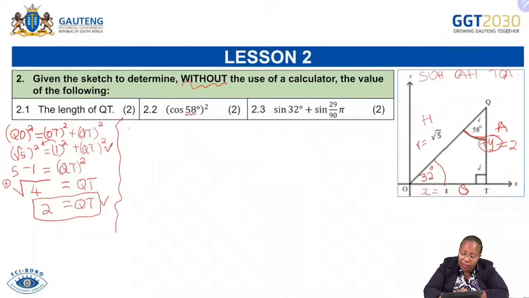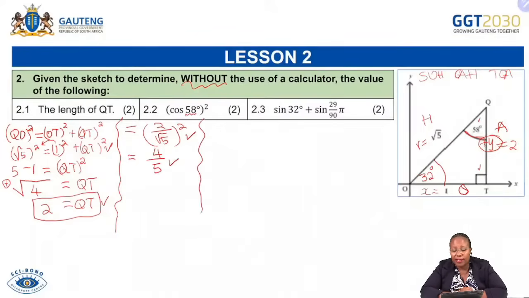That means now in this case, the adjacent is 2 over hypotenuse, which is square root 5. Remember, this ratio is squared. Then now it will be 2 squared equal to 4. The square root of 5 squared will just be a 5. That means it's 1 mark for substituting and 1 mark for the answer there.